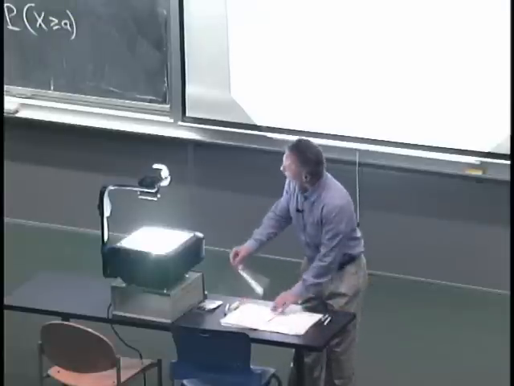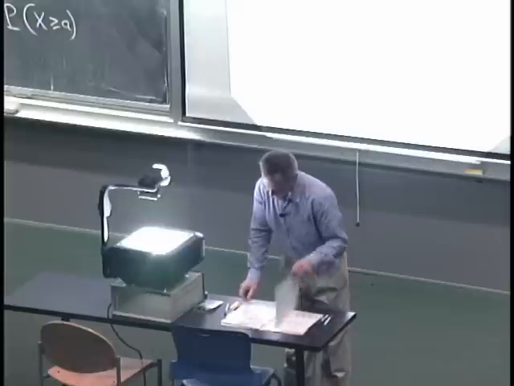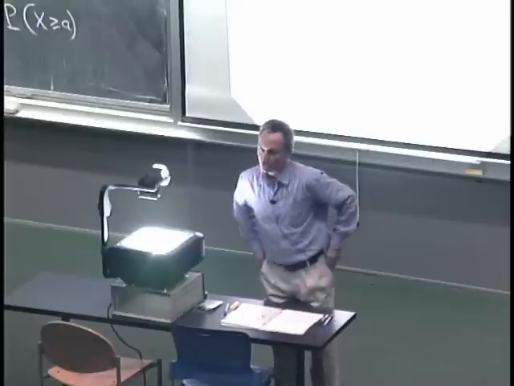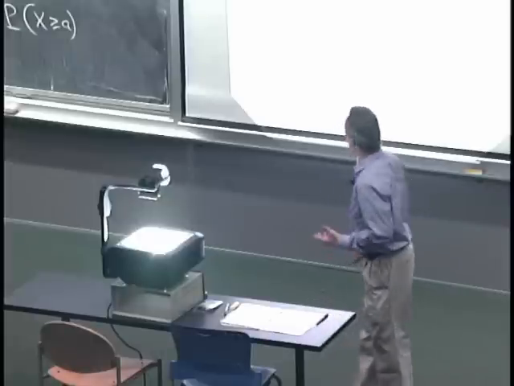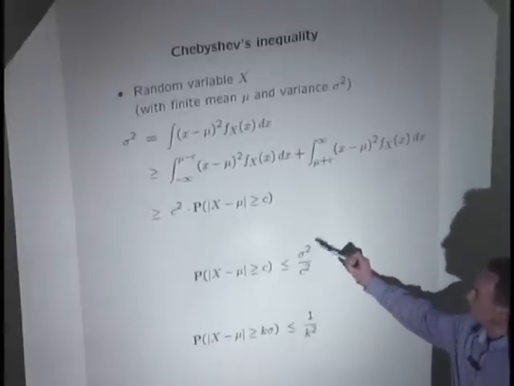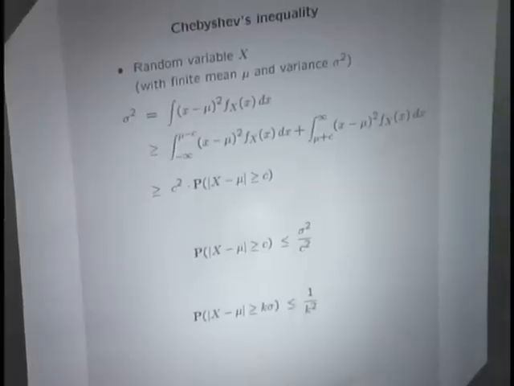So the Chebyshev inequality is a really useful one. It comes in handy whenever you want to relate probabilities and expected values. So if you know something about expected values, or in particular that your variance is small, this tells you something about tail probabilities.